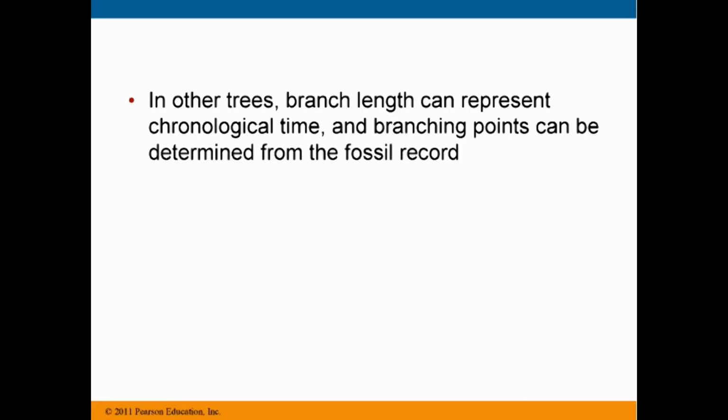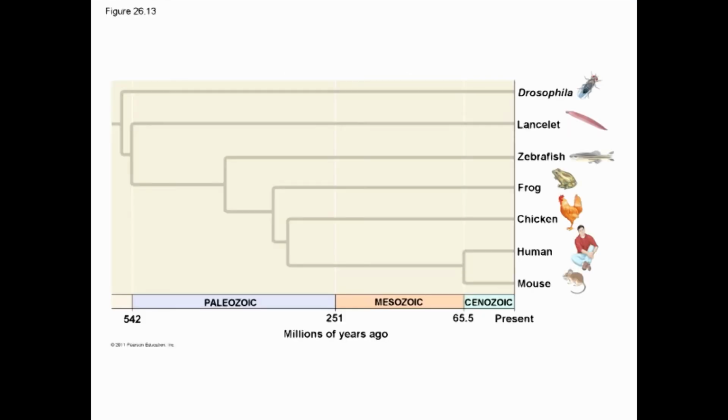You can have other trees, other phylogenetic trees where the branch length can represent chronological time. Those branch points are typically determined from the fossil record. Okay, so this one, we go from the millions of years ago to the present, and you're looking at kind of the same idea here.